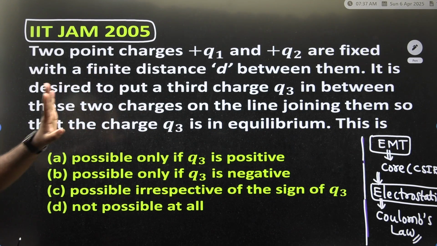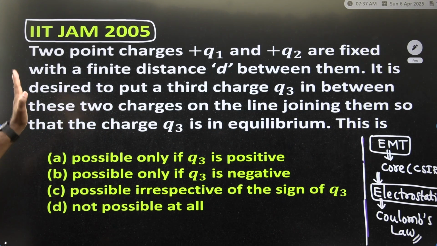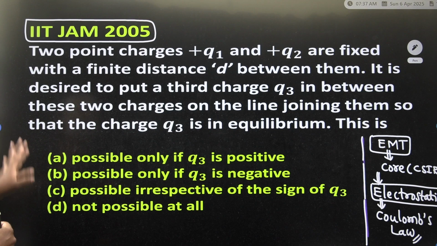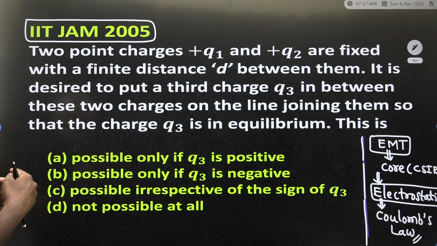Two point charges Q1 and Q2 are fixed with a finite distance d between them.